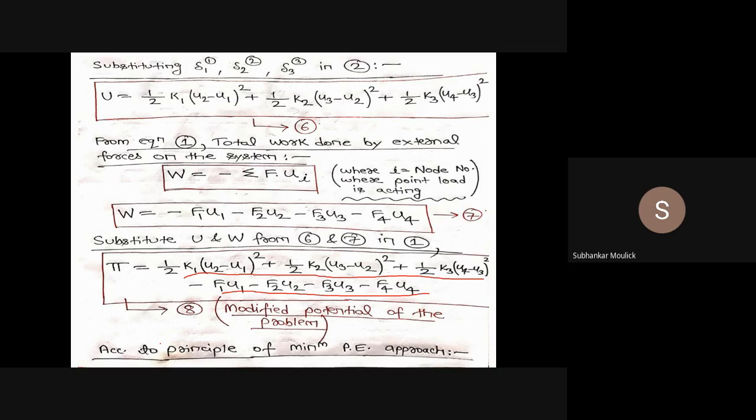We know that in the potential energy approach, we need to minimize this potential energy pi. How can we minimize it? We can minimize it if we partially differentiate equation 8 with respect to displacement ui.